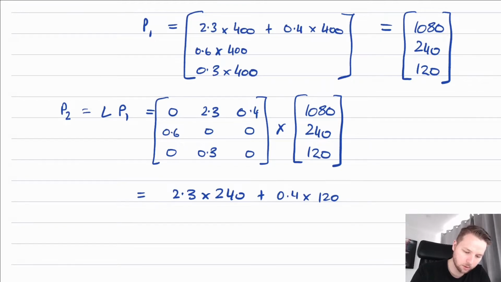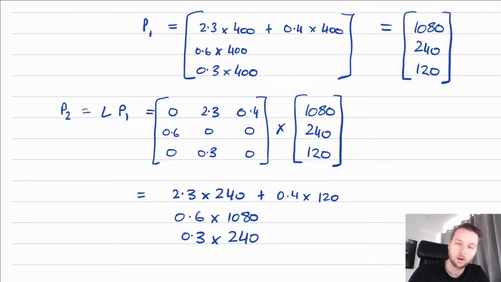So now the next row will have 0.6 times 1080. Only 60% of the 0 to 3 years survive. So it's 0.6 times 1080, and then it's 0 for the rest. And then the last one, we've got 0.3 times 240. Only 30% of that middle age group goes on to live from 6 to 9 years.